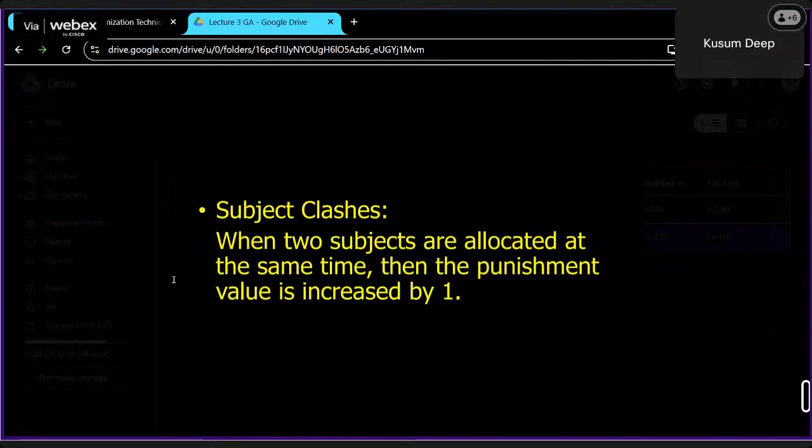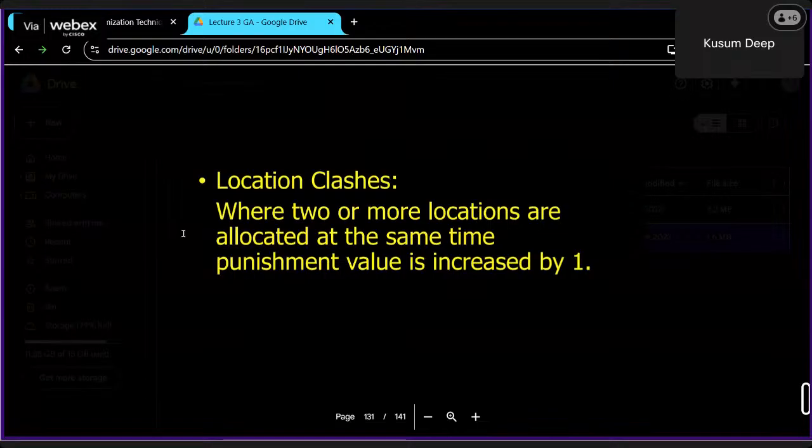Now, what does it mean by subject clash? Subject clash means when two subjects are allocated at the same time, then that is a clash, and this clash can be dealt with by incrementing the punishment value by unity.